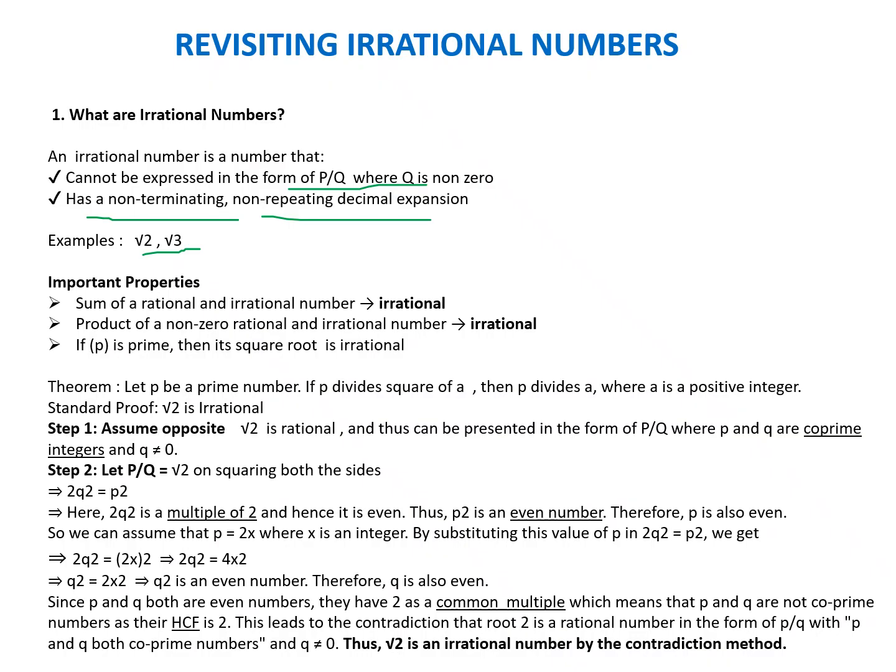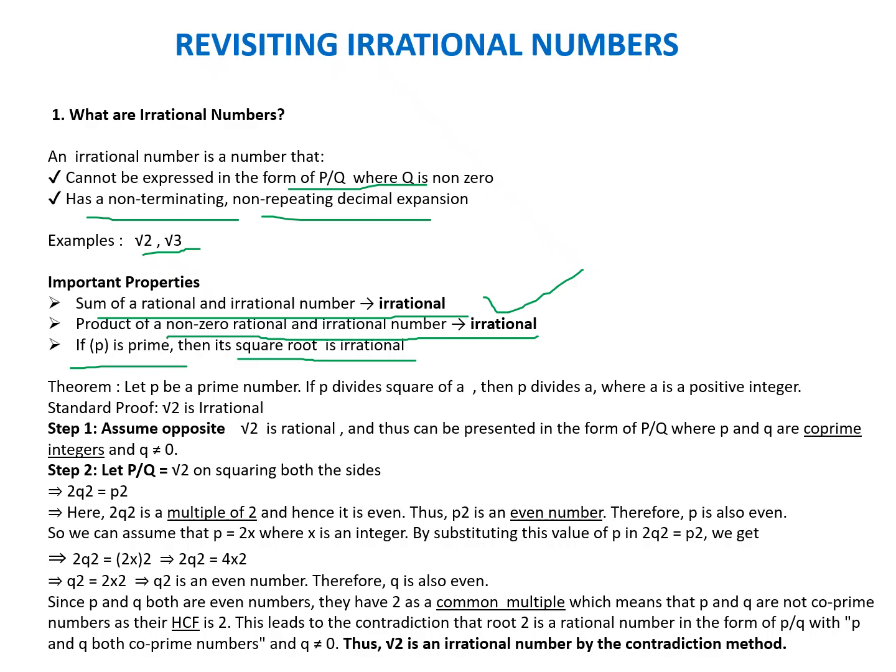So if we talk about the important properties of irrational numbers: the sum of a rational and an irrational number is always irrational. The product of a non-zero rational number and an irrational number is always irrational. And if p is a prime, then its square root is irrational. So which means that there are three properties. The sum of a rational and an irrational is always irrational.